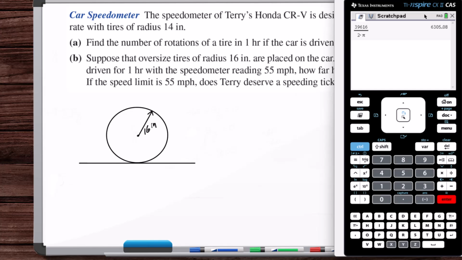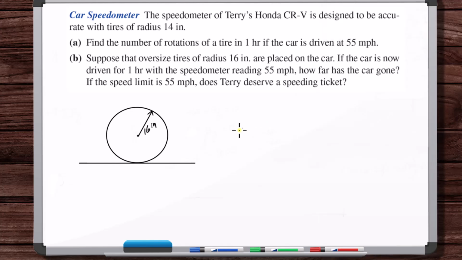So about 6,305 radians in that hour. Now the car with this tire is going to drive at that same angular rotation for 1 hour. So multiply that times 1 hour, and it rotates this many radians.